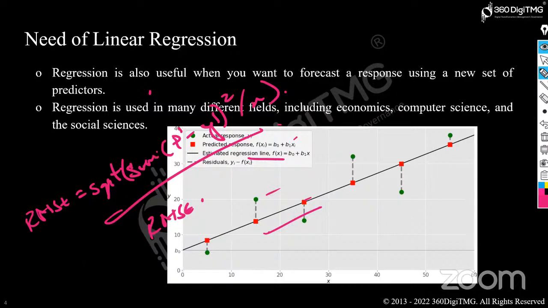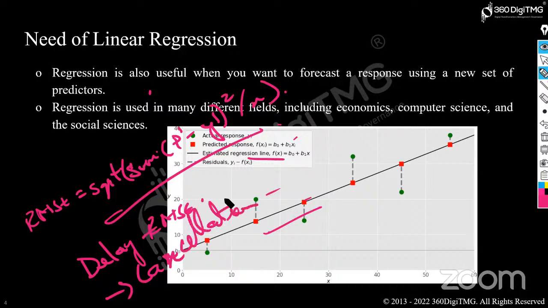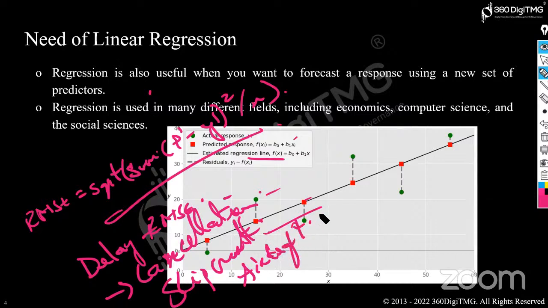For example, whether there will be a delay or cancellation of the shipment, or whether the aircraft will be on time or not.